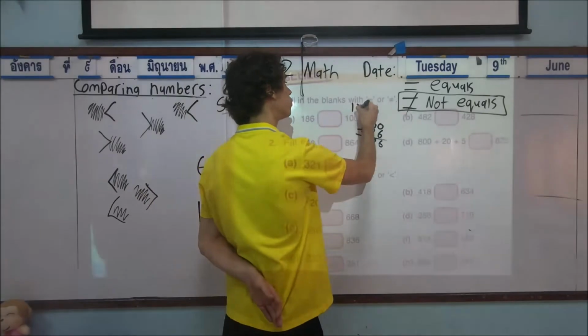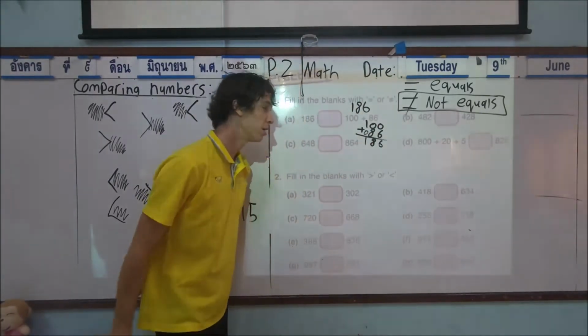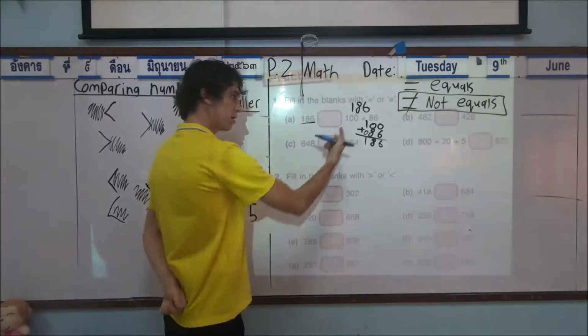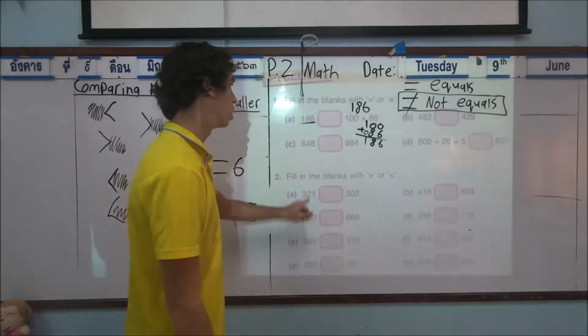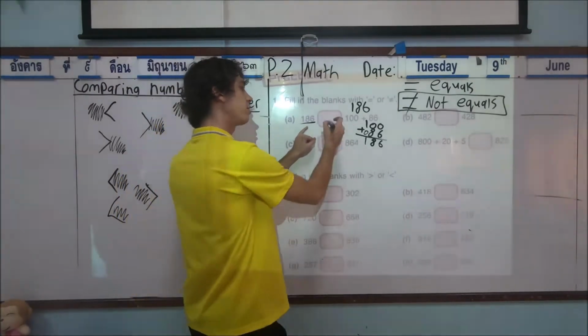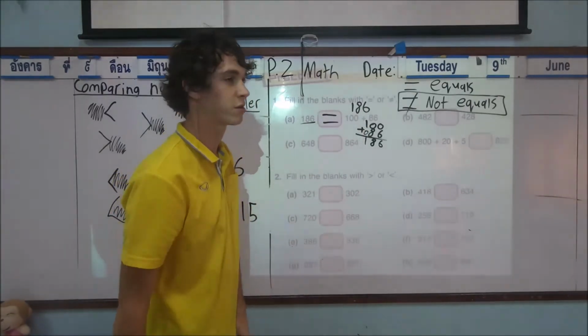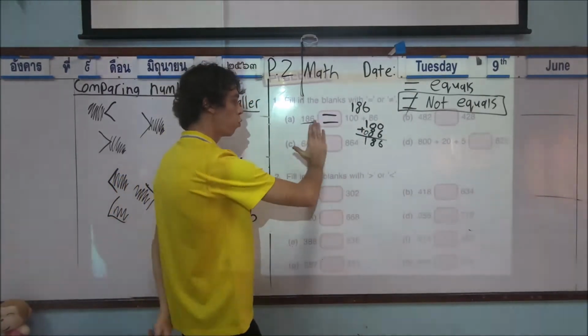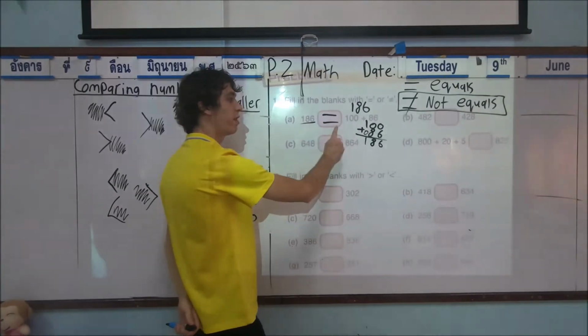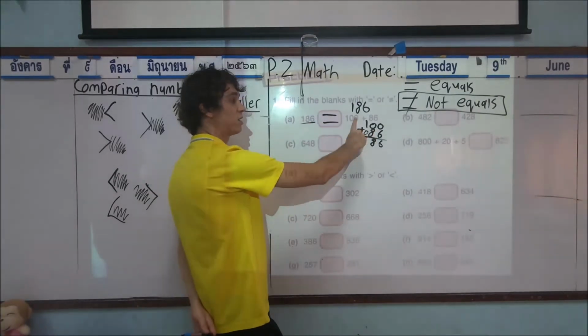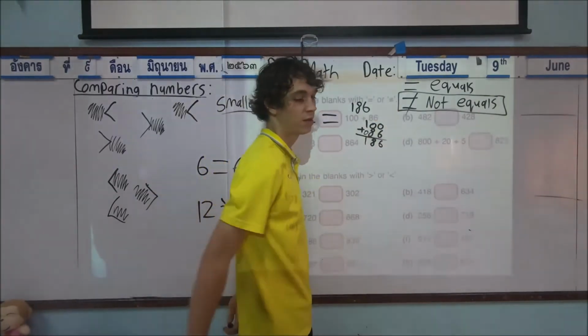This is 186. Is this the same? Yes, they are the same. 186 equals 186. Or 186 is the same as 100 plus 86.